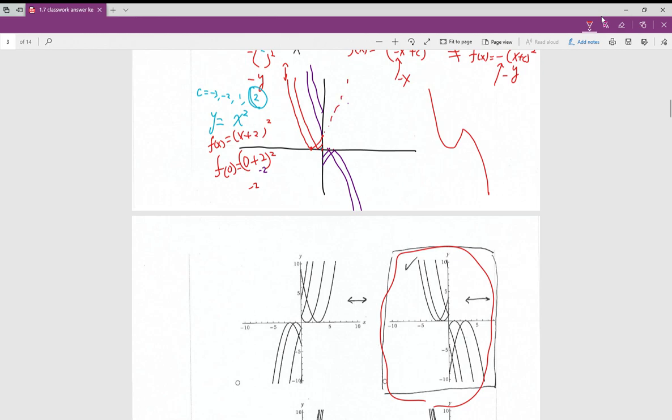This one will go to here, yes, because it's upside down. Positive becomes negative, negative becomes positive. And when we have this one, it becomes here. Yeah, that's right.